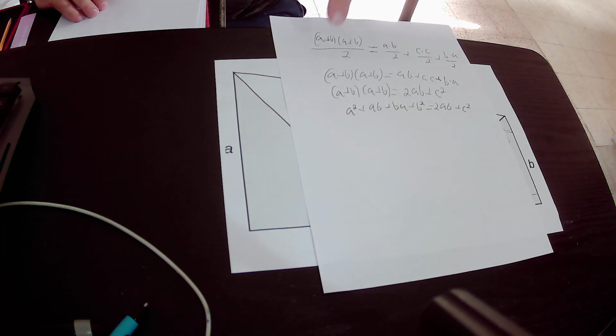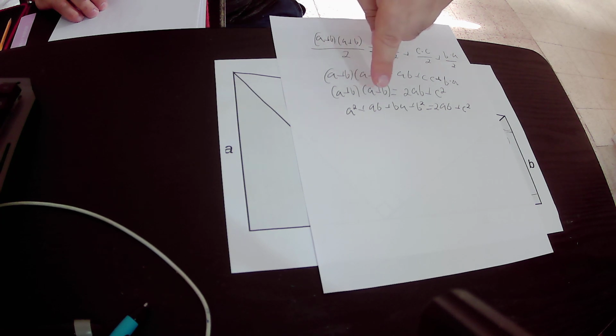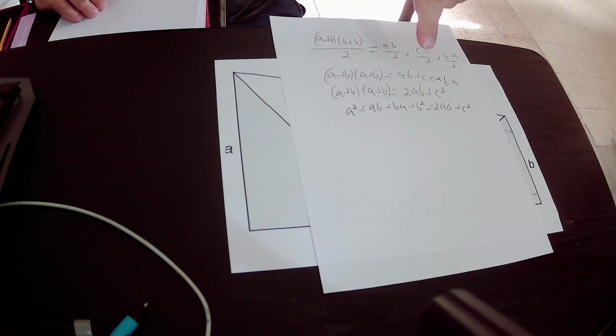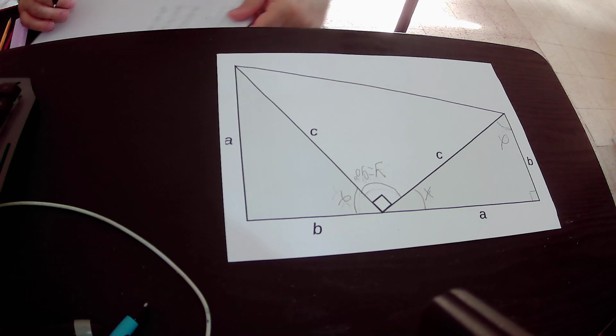After we opened the brackets, we got that A times A is A squared, plus A times B is AB, plus B times A is BA, plus B times B is B squared, all equals 2AB plus C squared. Again, AB plus BA is 2AB, so we will write it down.